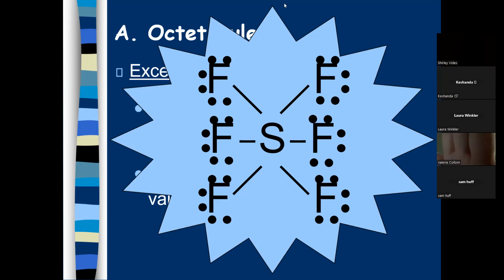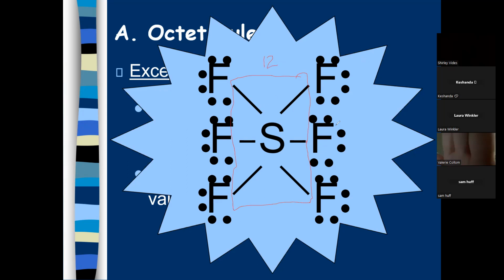If you go around sulfur like we were doing earlier, you will see that there's more than 8 electrons around it. And each one of these lines is considered 2 electrons, right? So you can see 2, 4, 6, 8, 10, 12. There are 12 electrons. That is much more than your 8.